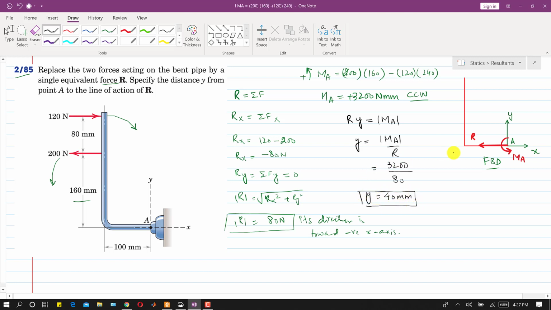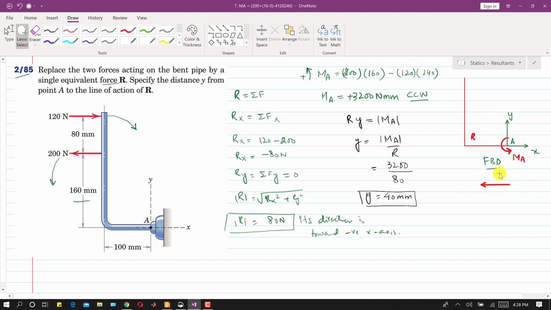So we need to move this force in such a direction that it should produce the same moment in the same direction, right? So let me move this force, and how much distance is to be moved? 40 mm. Now if I move this force in this direction, let's suppose I place it here. At this position it will produce a clockwise moment.